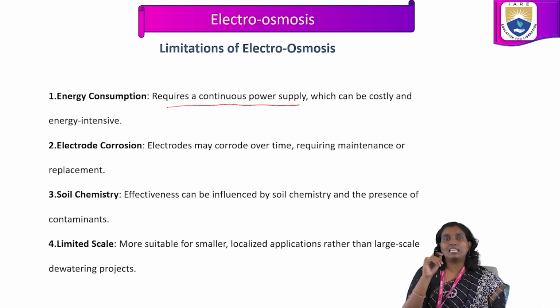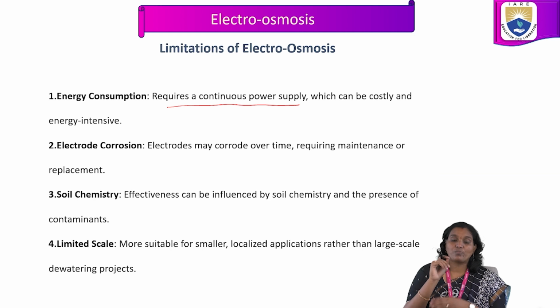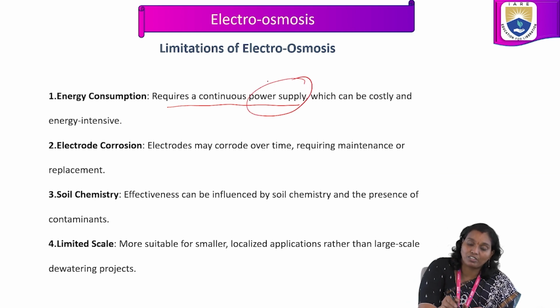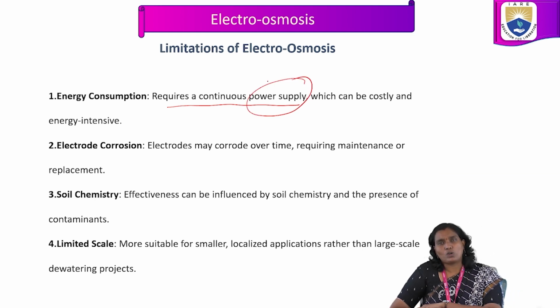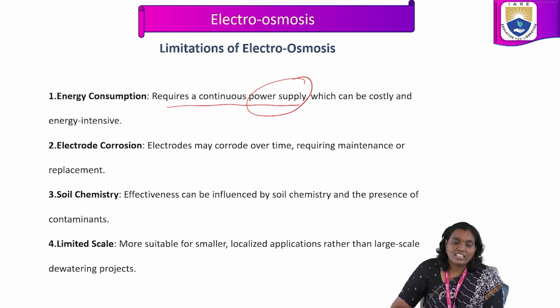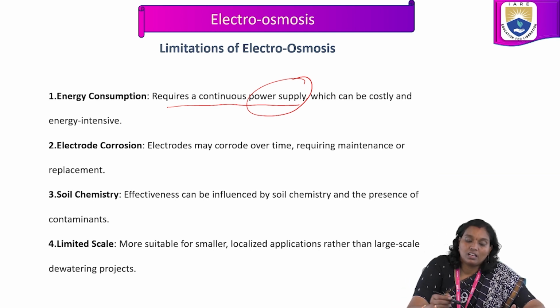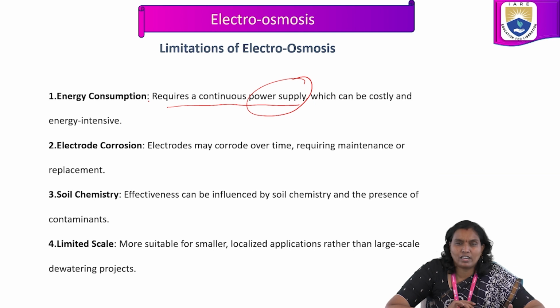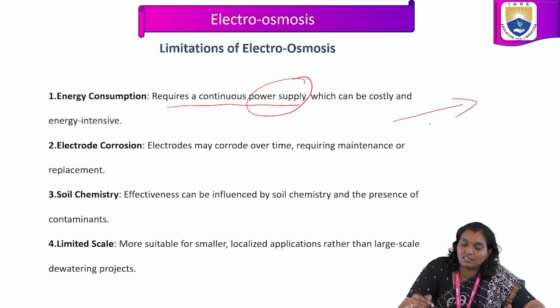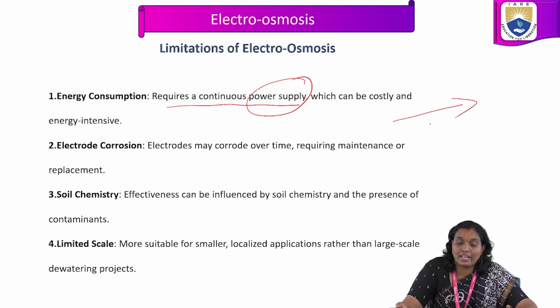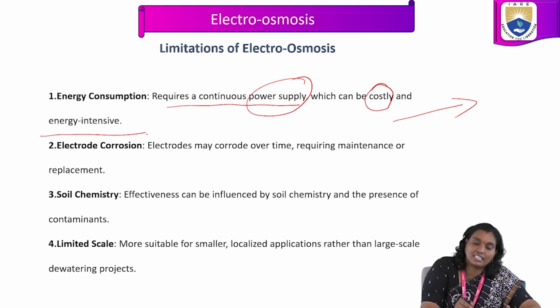We have to think about energy consumption, and the continuous power supply of that particular locality also plays a role in adopting electro osmosis for dewatering the soil. The continuous power supply may lead to a costly and energy intensive process.